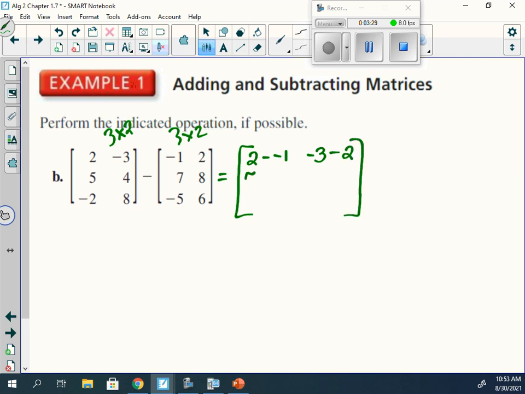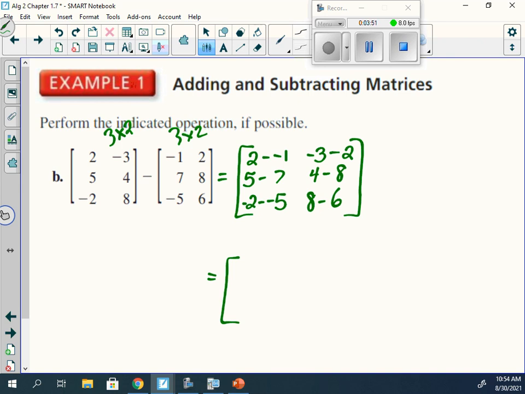Our next number is -3 minus 2. Let's go down to the next one. 5 minus 7, 4 minus 8, and -2 minus -5. And last but not least, 8 minus 2.